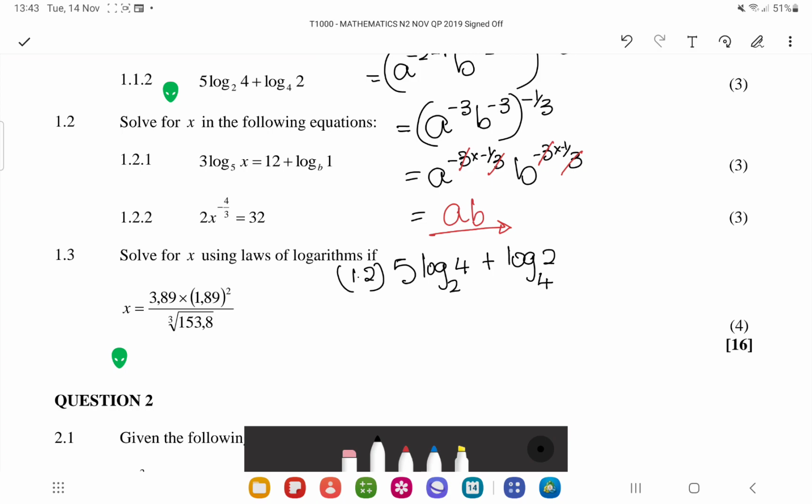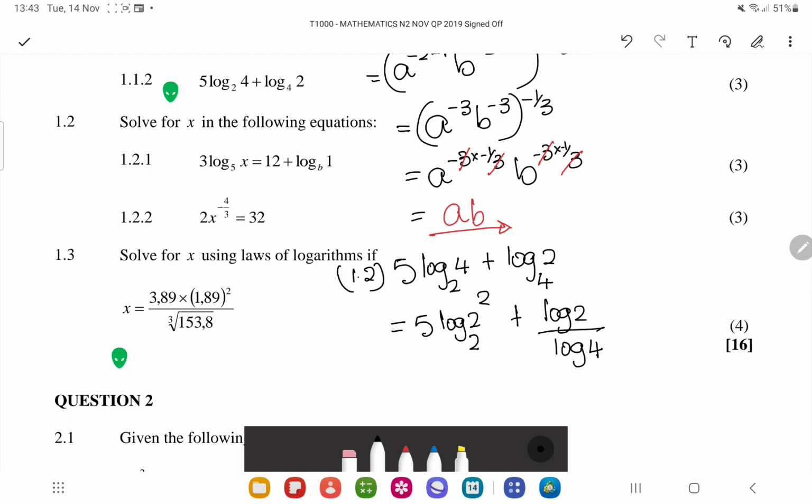Here, because 4 has the base of 2, I'm going to change that using the law. That will be 5 log of 2^2 to the base 2, plus, but I cannot change 2 in terms of 4. However, I'm going to use law number 5, which is log 2 divided by log 4.